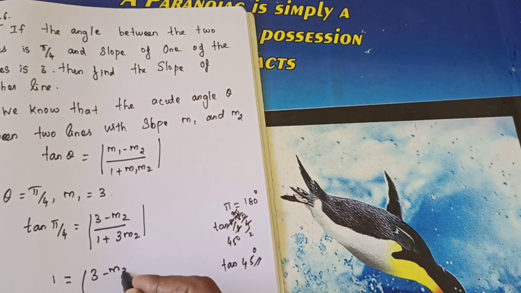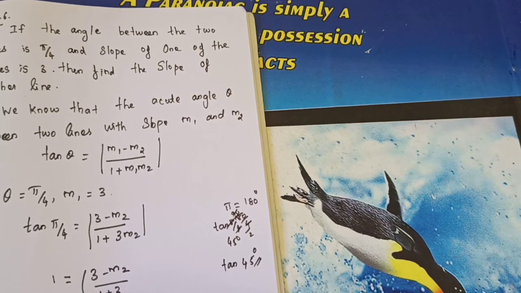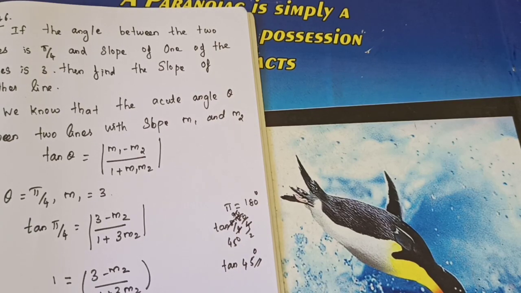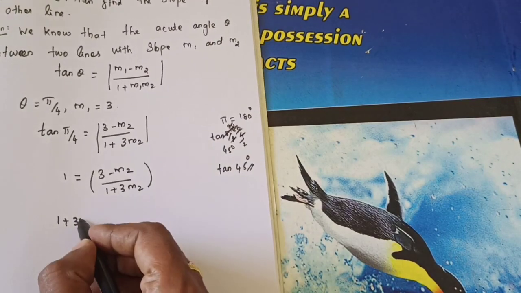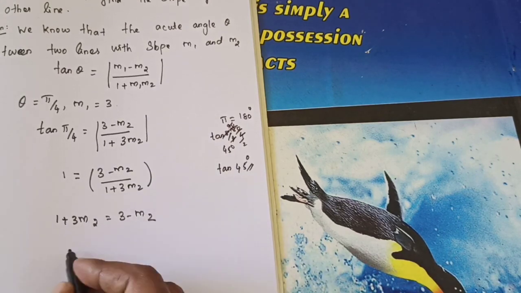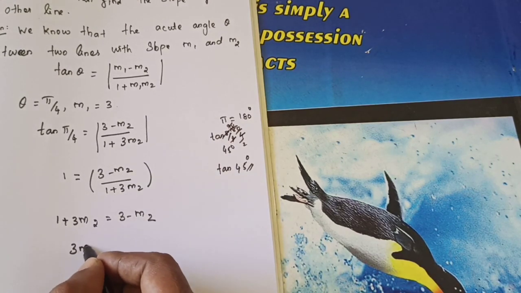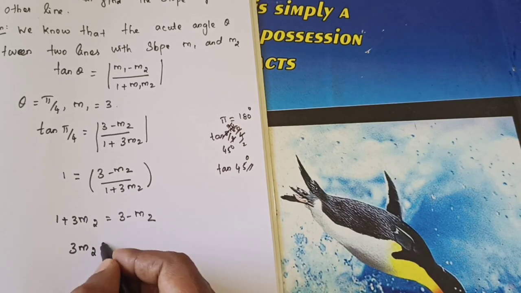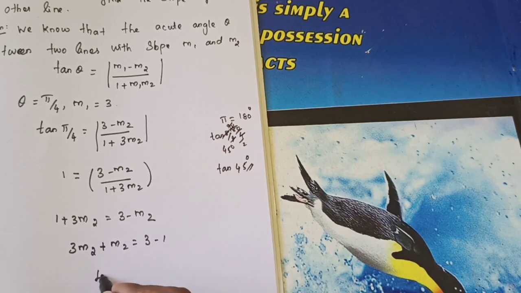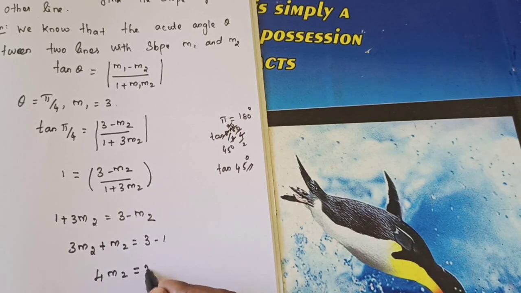So 3 minus m2 divided by 1 plus 3m2. You can take it outside of the modulus and cross multiply. So what will happen? 1 plus 3m2 equal to 3 minus m2. Bring all the terms to one side. That is 3m2 plus m2 equal to 3 minus 1. So this one is 4m2 equal to 2.